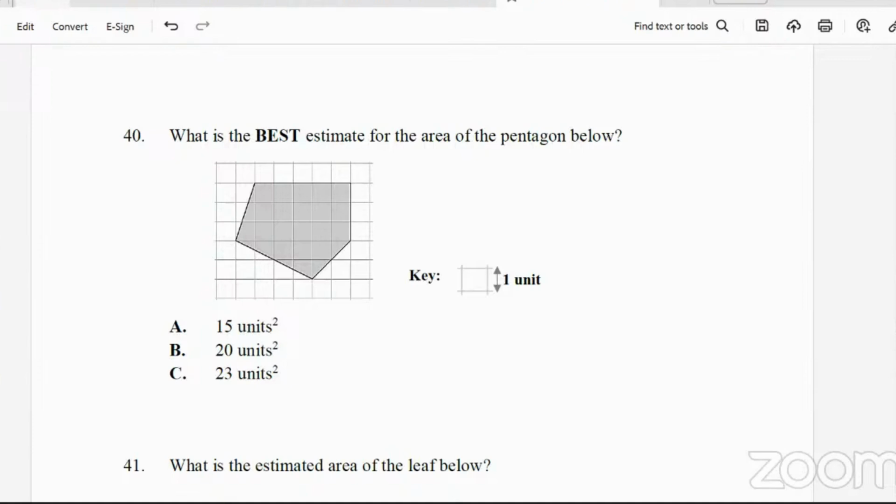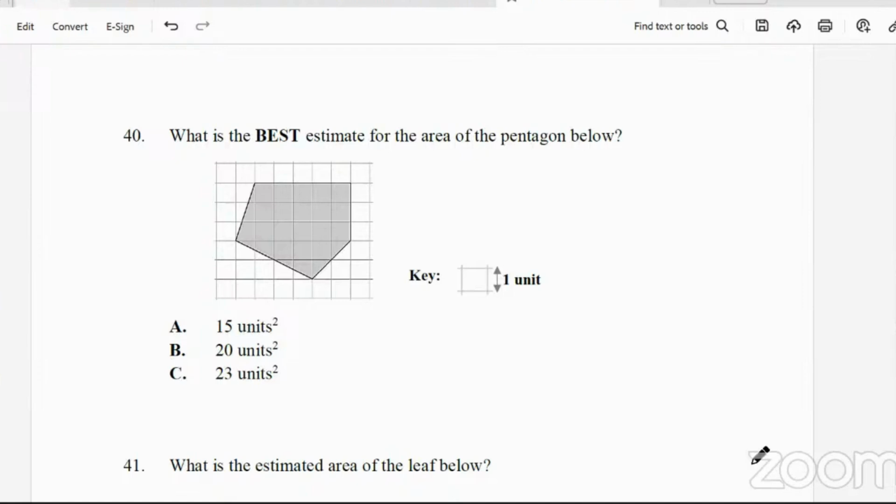What we have to do in instances like this is add up all of the possible units that would be covered by the pentagon. Okay, so there are some full squares, and then we have some partial squares. So we're going to see how best we can estimate what the entire area is.